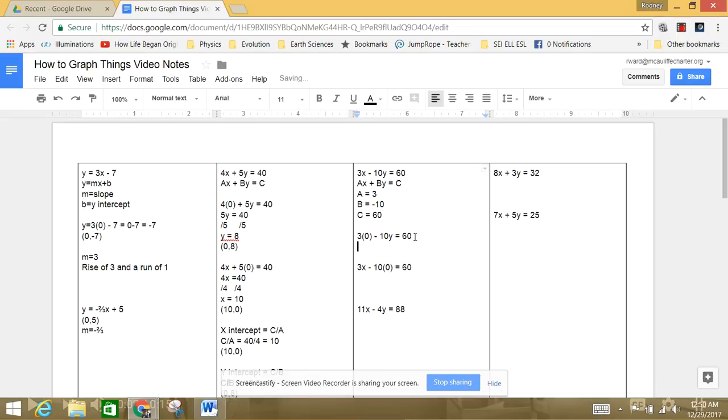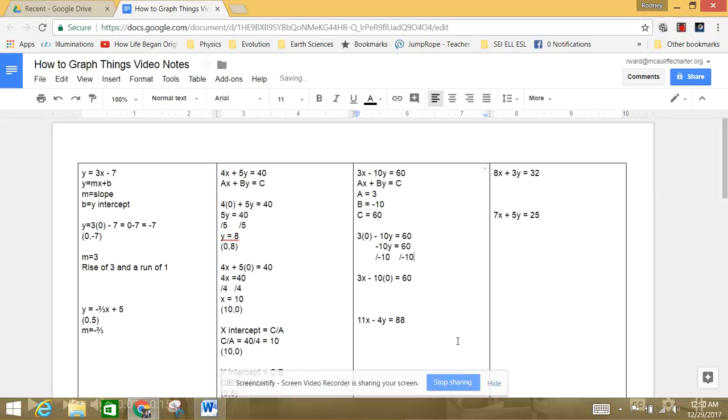Now, to solve this, I get 3 times 0, which is nothing. I'm left with negative 10y equals 60. Both sides are times negative 10, so I'll divide by negative 10 using the inverse principle, reverse the operation to figure out where I need to go to cancel out something.